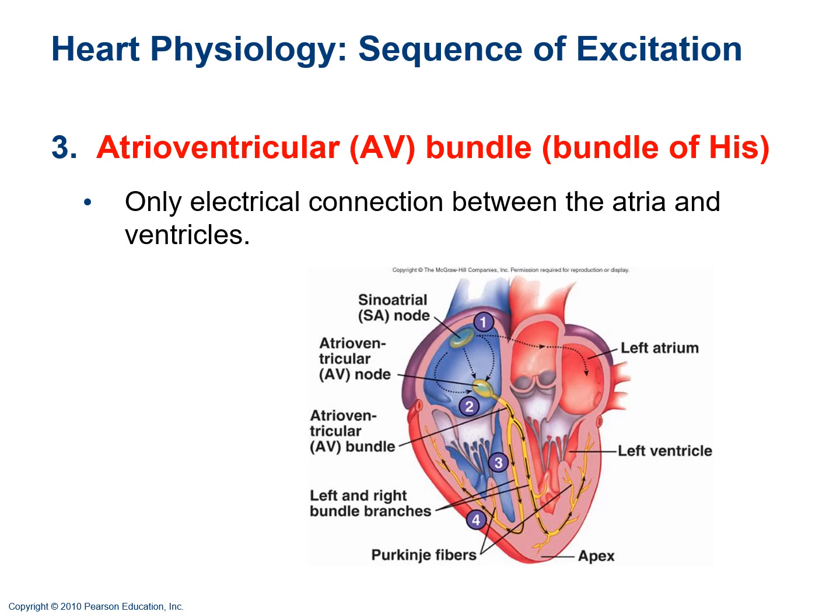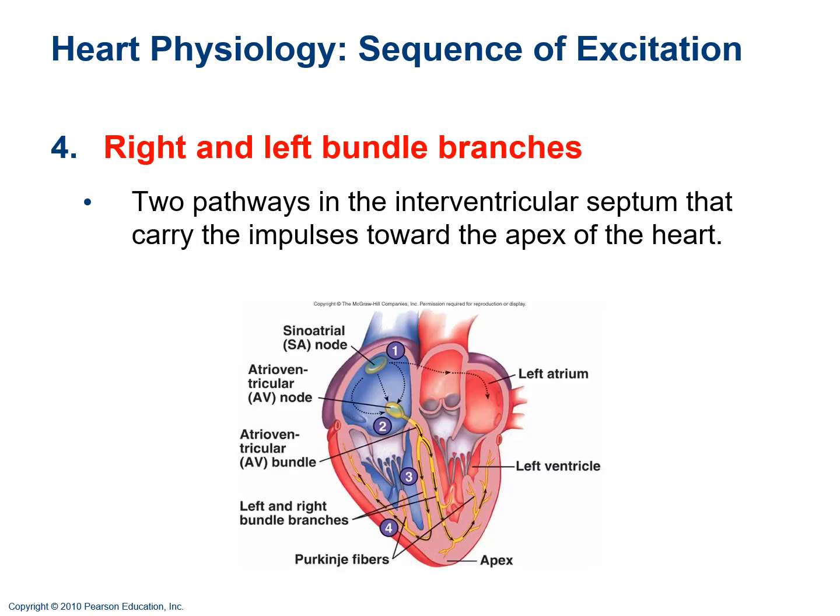Next comes the atrioventricular or AV bundle, otherwise known as the bundle of His. This is the only electrical connection between the atria and the ventricles. So if something were to happen to the AV bundle, it leads to a condition known as complete heart block.